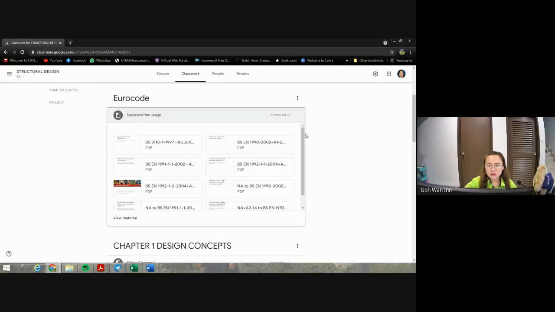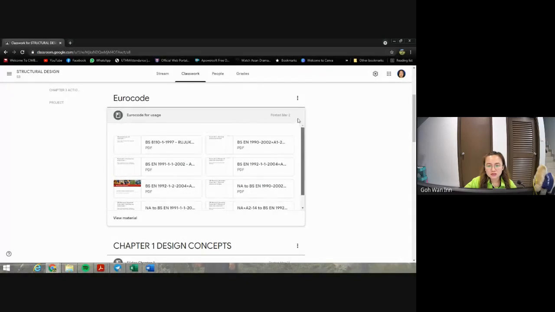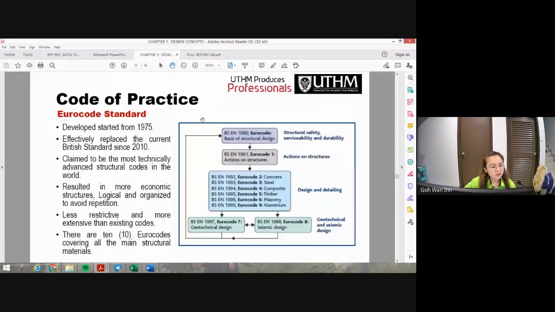You can download all of this and keep it forever, the Eurocode 1990, 1991, 1992. But you still need to buy the hard copy, because the hard copy is more useful and you can mark it down and so on.